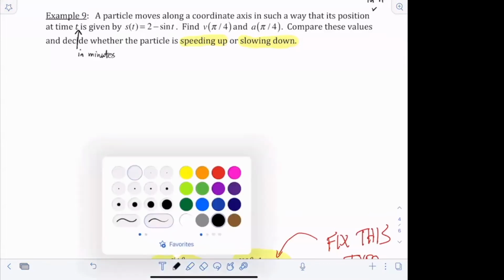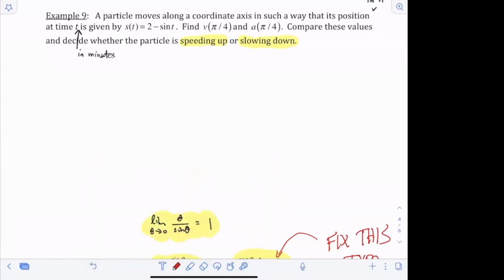So when an object is speeding up, that means that v of t and a of t have the same sign. Okay. And slowing down is going to be v of t and a of t have opposite signs.